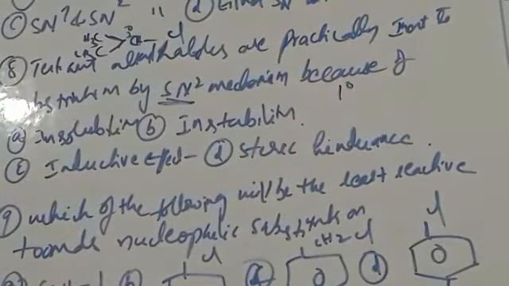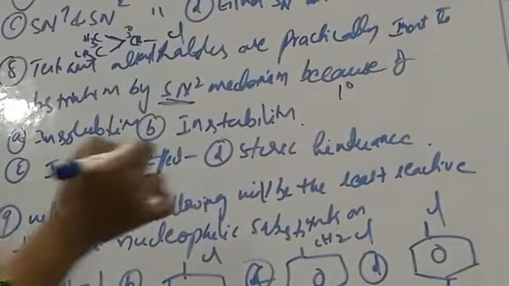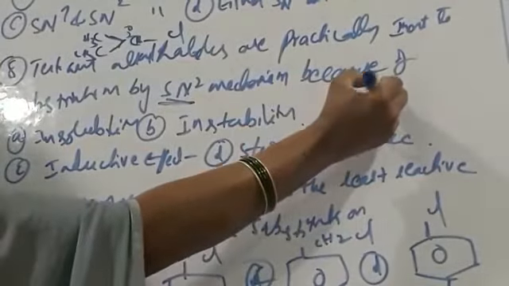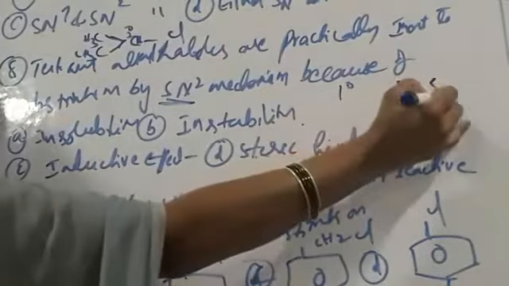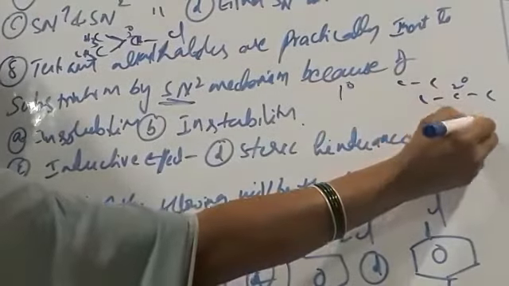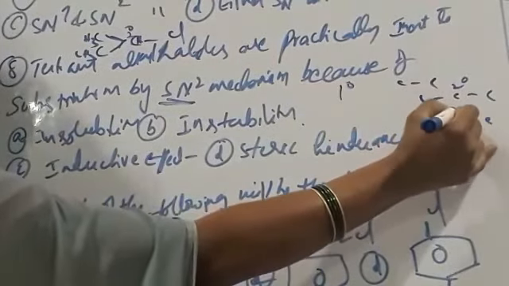So what are primary alkyl halides? Alkyl halides in which the halogen atom is linked with the primary carbon. What is primary carbon? Carbon linked with a single carbon. Secondary carbon is carbon linked with two other carbon atoms. Tertiary carbon is carbon linked with three other carbon atoms.